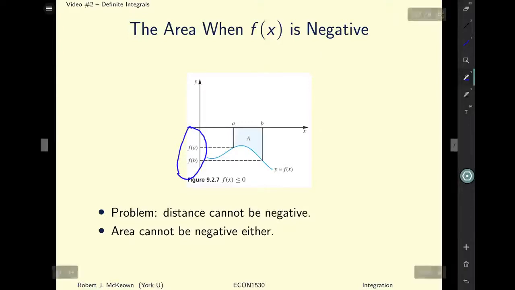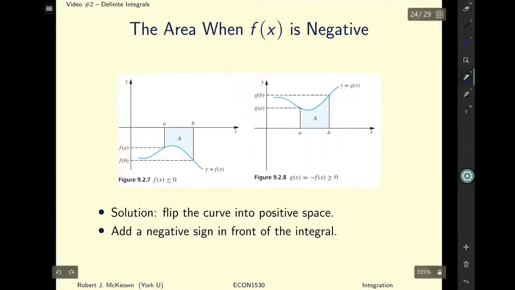In this conceptual way, I want to know what this area is right here, but it's a negative space. It turns out we're going to have a very simple, very elegant solution. We're just going to flip the function into positive space.